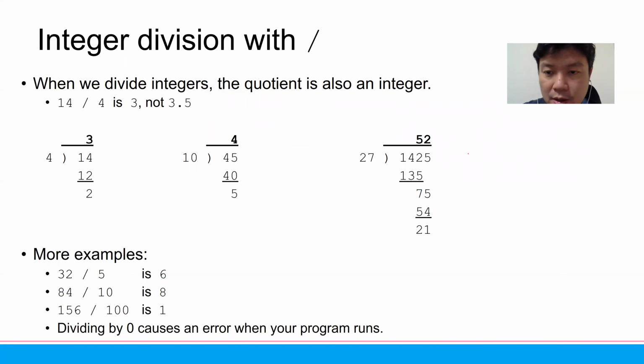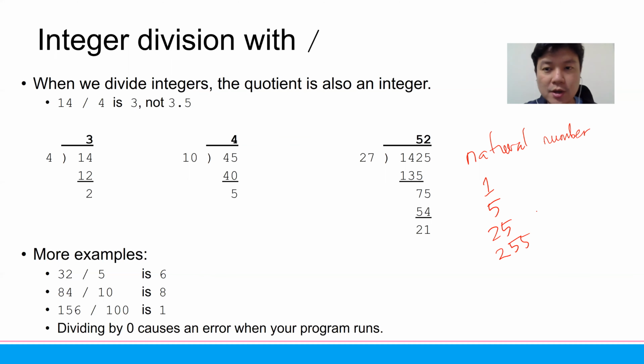What is a natural number? The natural number is a number without decimal, like 1, 5, 25, or 255. Okay, so a number without decimal.